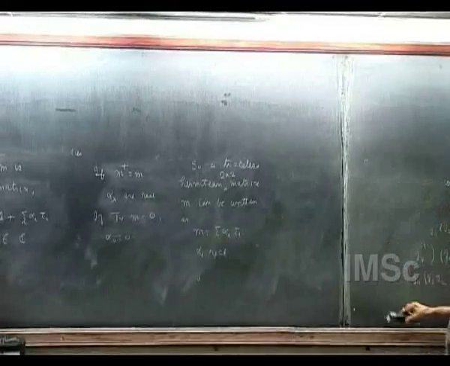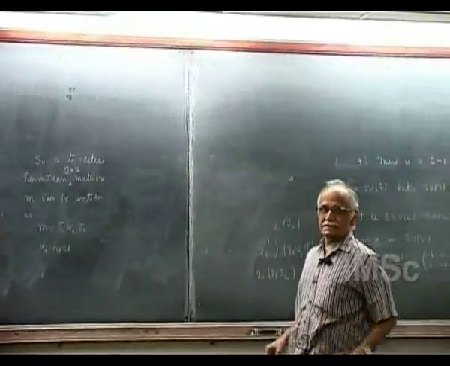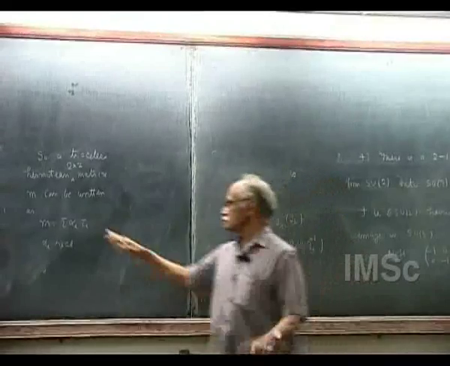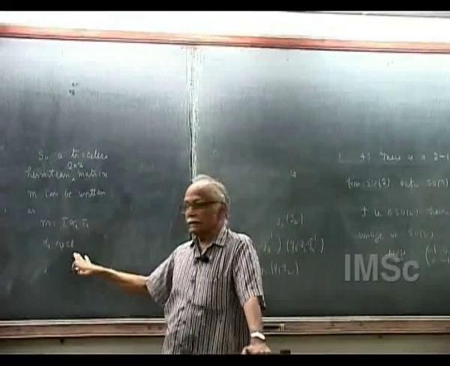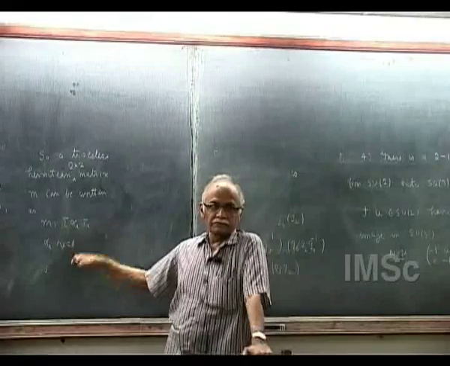So the space of traceless Hermitian matrices is a 3-dimensional real vector space. This is like your R3.